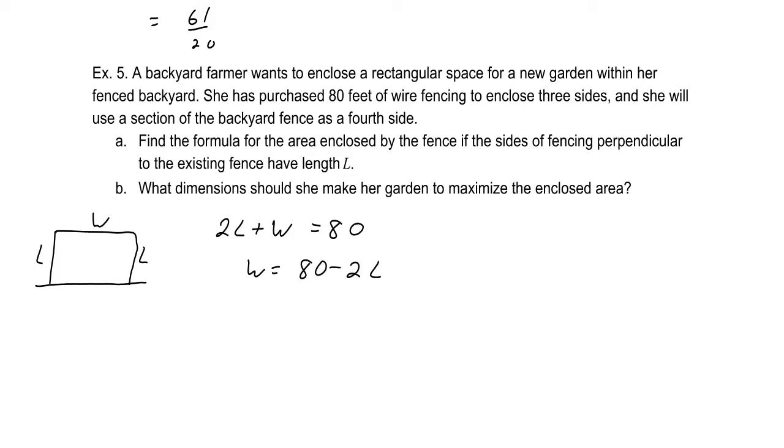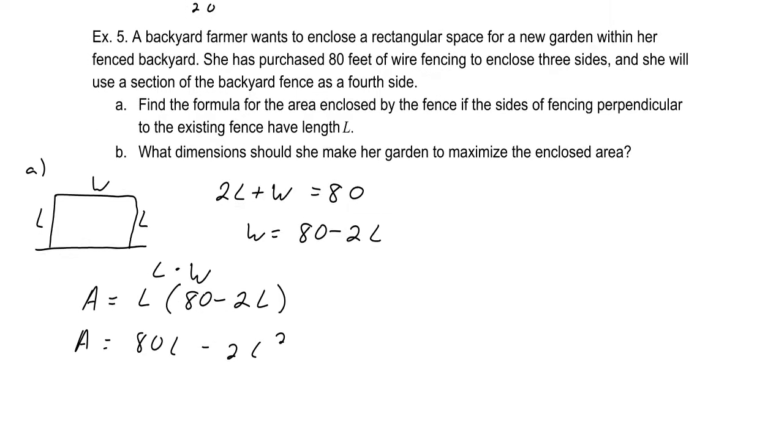Because the area, this is what part A is asking, write the formula, is the length times the width. The width is 80 minus 2L. So, our area function in terms of L is 80L minus 2L squared.